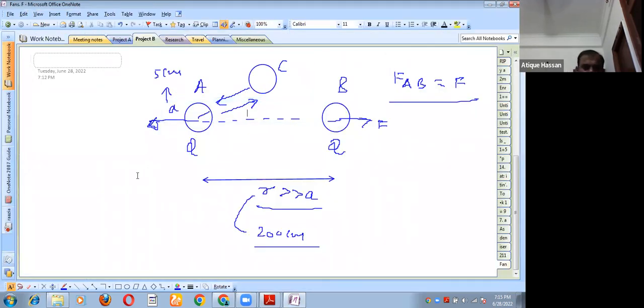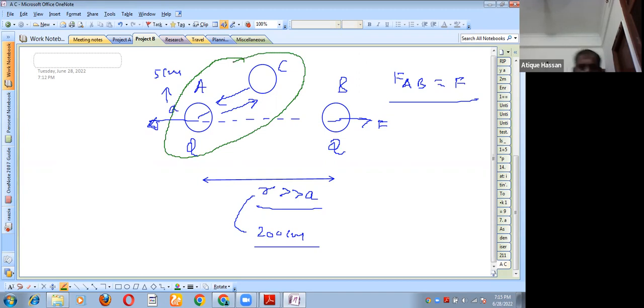So what happens is, the sphere C is touched to A. It means A and C have been brought into contact. The concept you have to apply here is that when two identical charged spheres are kept in contact, charge is equally distributed.